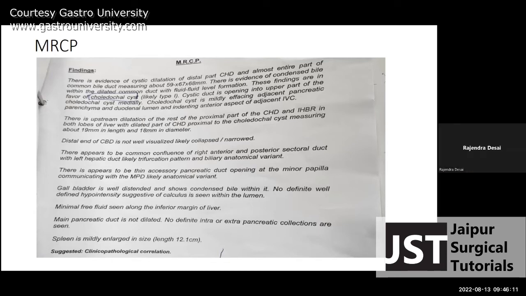The question is, do you give vitamin K to all patients with choledochal cyst? No, sir. Second question is, do you give vitamin K to all patients with jaundice? No, sir.